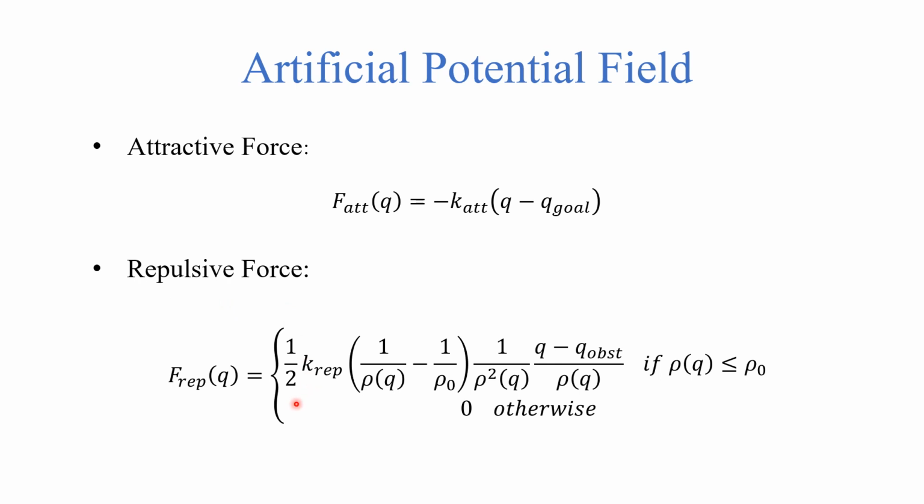It's given by the following equation, half of k rep, a positive constant. rho of q is the distance between the current robot configuration and the obstacle. q obst is the point on the obstacle that is closest to the current robot configuration. rho zero is an activation distance: if rho of q is smaller than rho zero, we activate the force, and otherwise we stop the force.